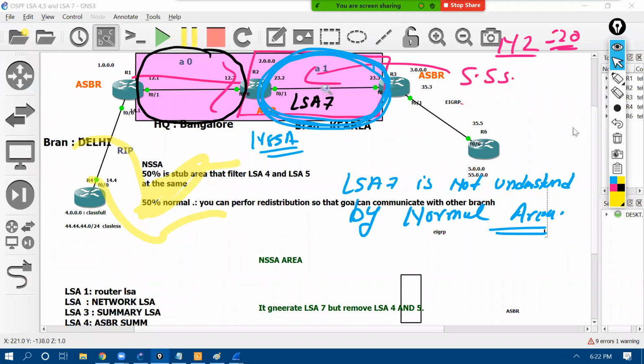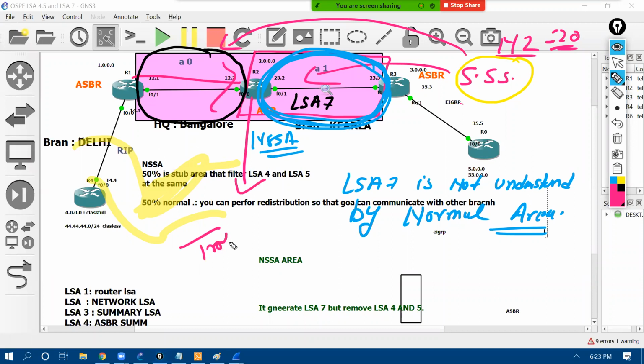In this case also, what happened: this LSA 7 is present in area 1. So how can we share this information to area 0? R2 is going to behave like a translator. The ABR is a router that behaves like a translator. And this router will convert this LSA 7 information into LSA 5, as the 5.0 and 55.0 routes.